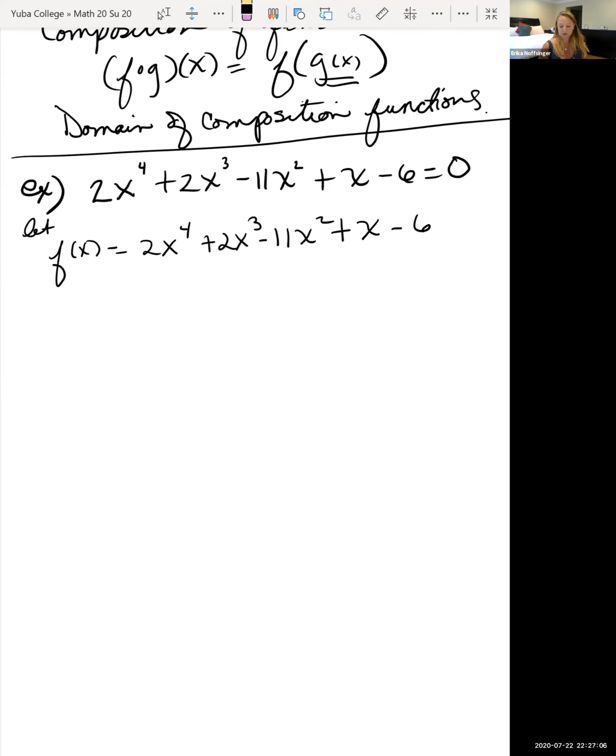And so let's use some tools that we learned this class period. Let's look at our possible rational zeros, because technically when we're solving this equation, we're looking at when is this equal to 0, what values.